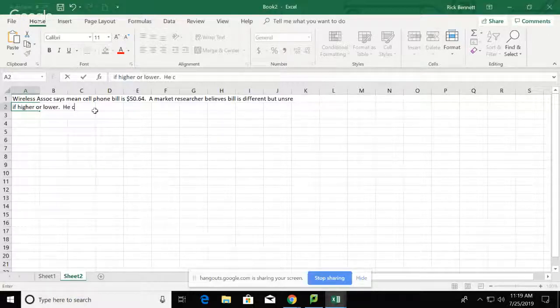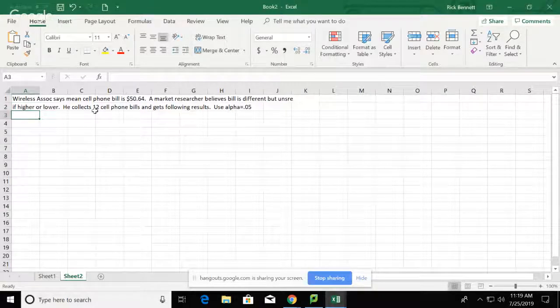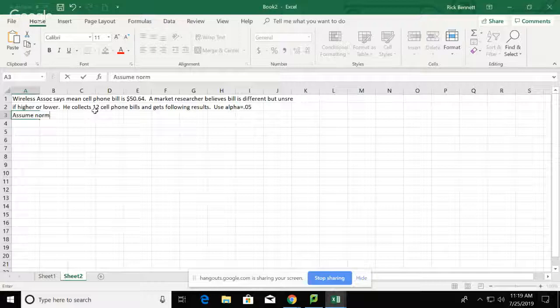He collects 12 cell phone bills and gets the following results. Use alpha equal 0.05. Now, what do you think about 12? Kind of small, but we're going to do it anyway, because we're going to assume it's normally distributed.